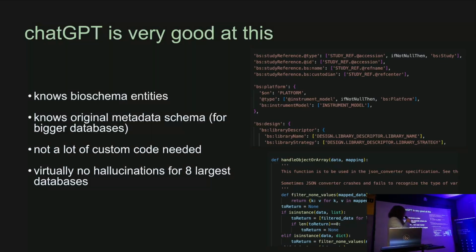Then there has to be some sort of code that does it. Somebody has to write the transformation code and schemas. And I can tell you, first of all, there's not a lot of custom code needed. I employed the JSON converter, the Python package standard. It's well explained, but I'm not sure if it's big enough. ChatGPT is handling that very well as well.